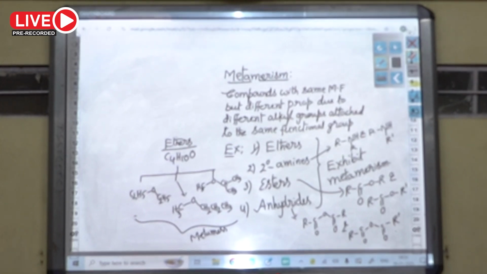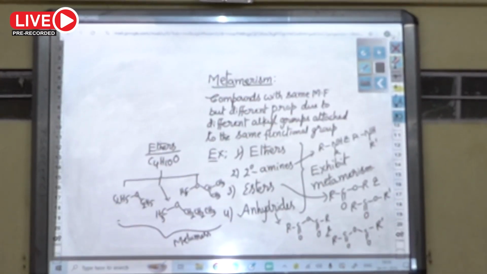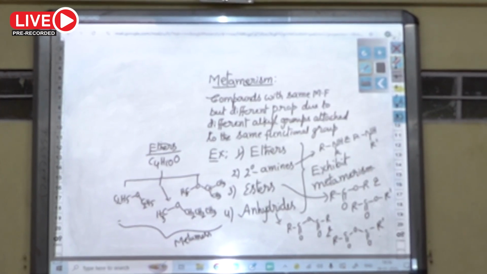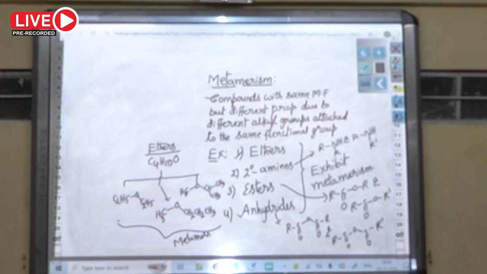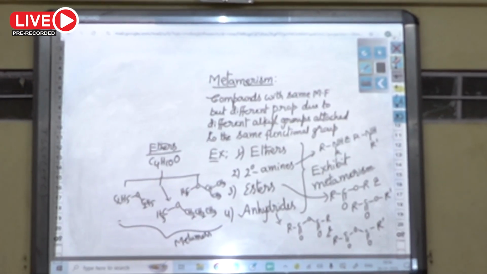Very difficult. Last three letters: Pang. P-A-N-G. Dr. Pang. So she will explain tautomerism. Can you explain? No, you can't.